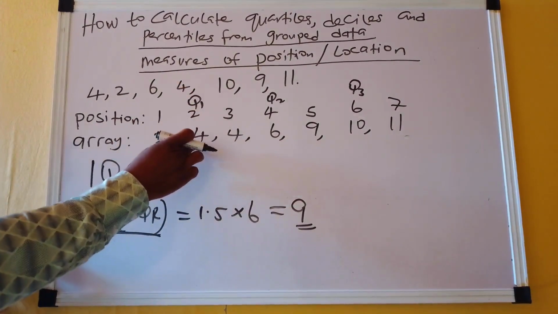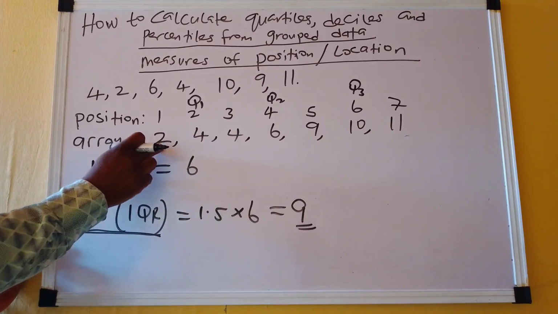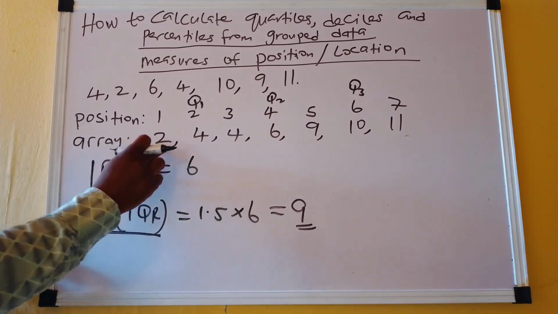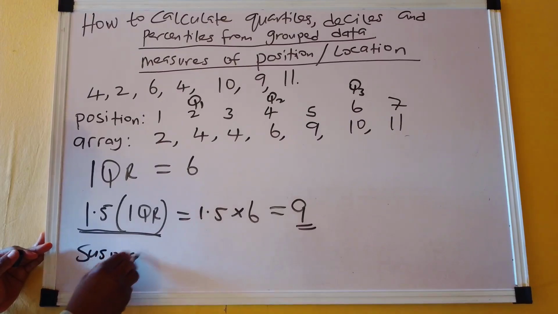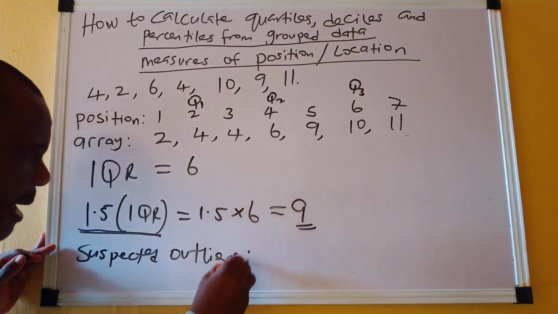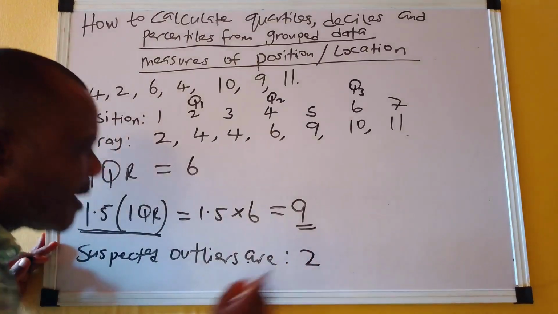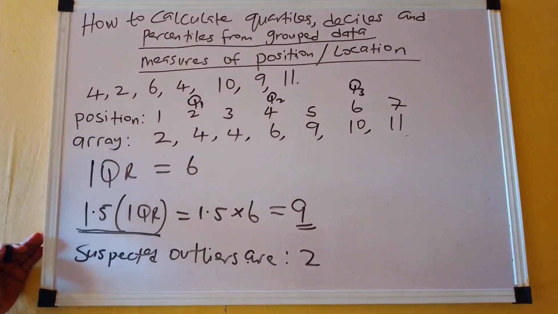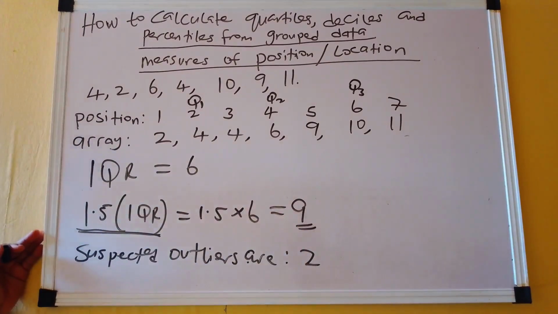And look at the only value that is below the first quartile, that value is 2, and 2 is less than 9. So suspected outliers from this data set are, the first one is 2. You check below the first quartile, the only value there is 2 and it's lesser than this value of 9.